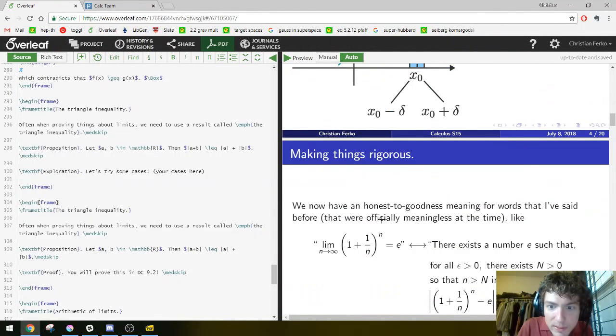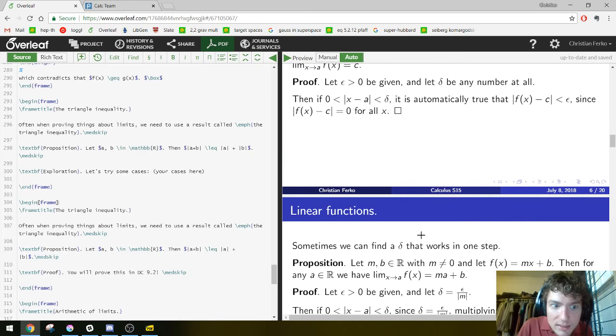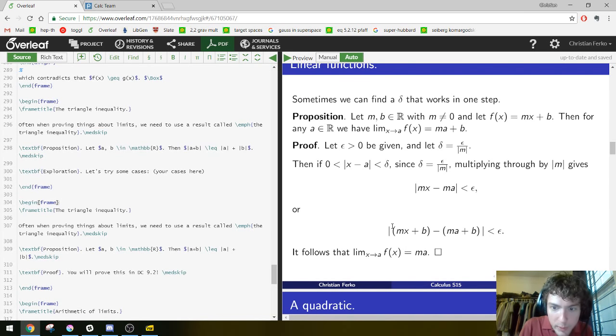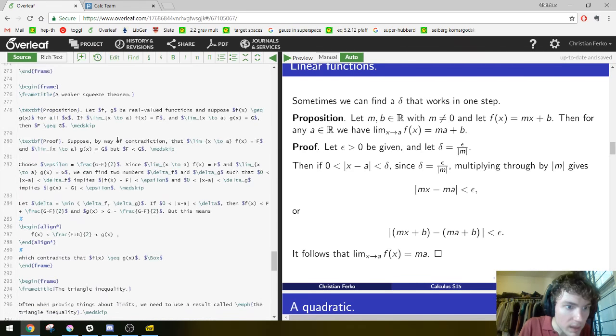Okay, let's get to where we were. Linear functions. Okay, so how did we go from this inequality to the final line that the limit as x approaches a of f of x equals ma plus b?